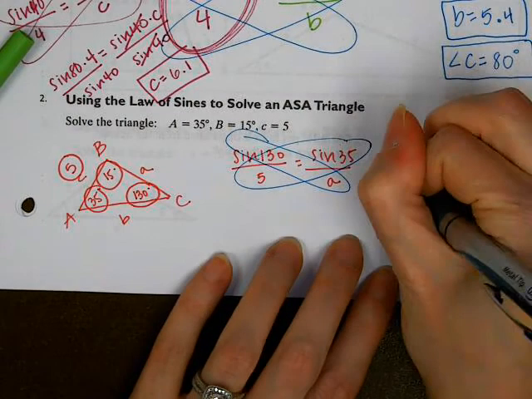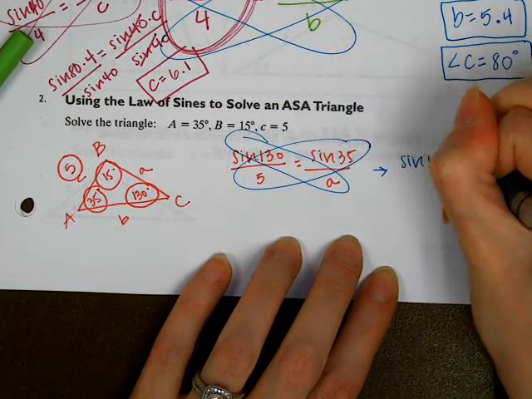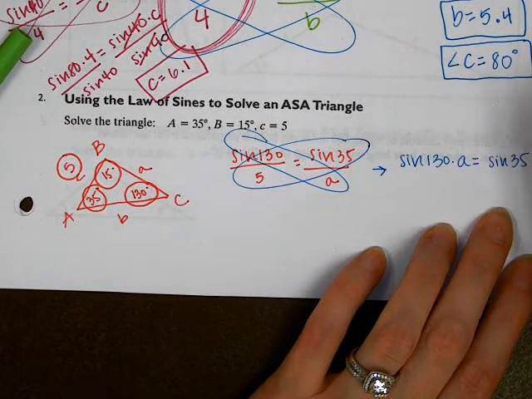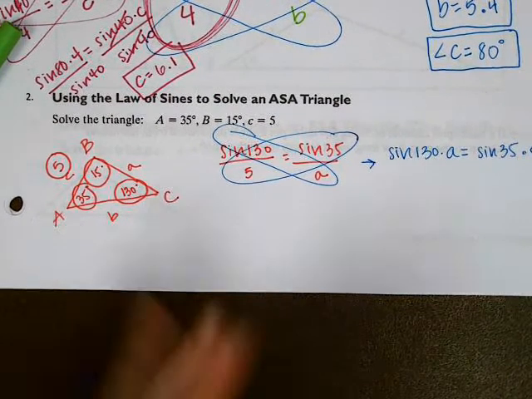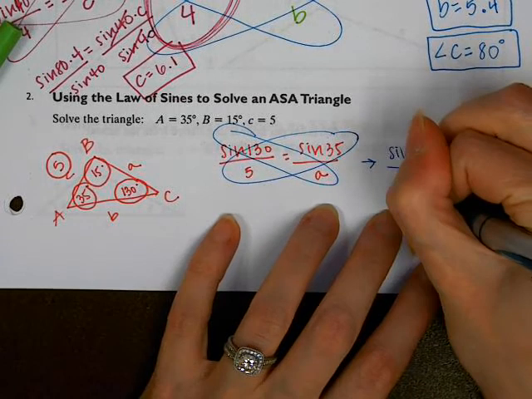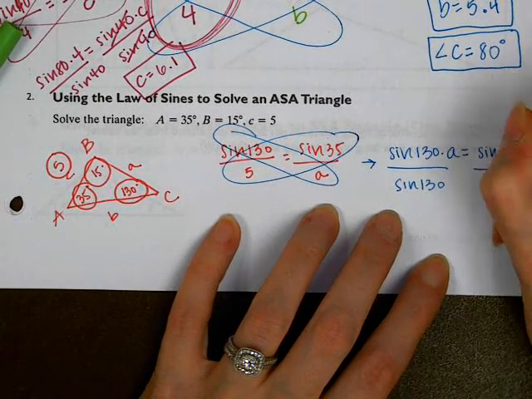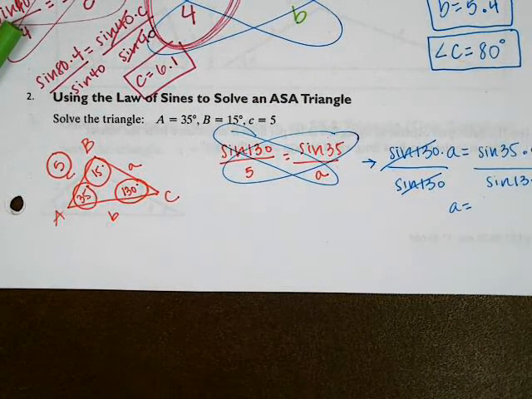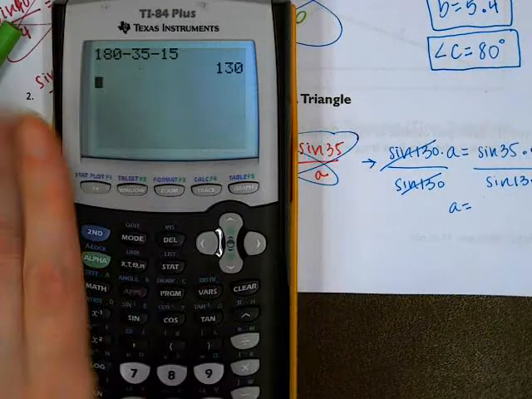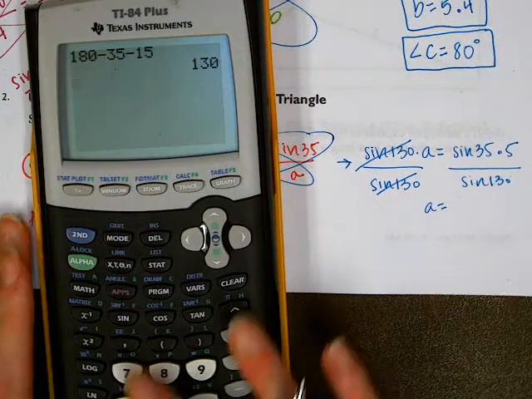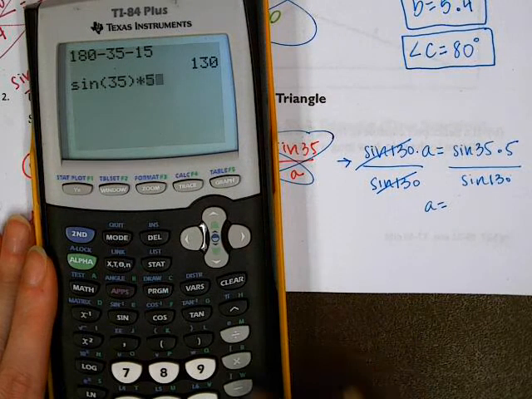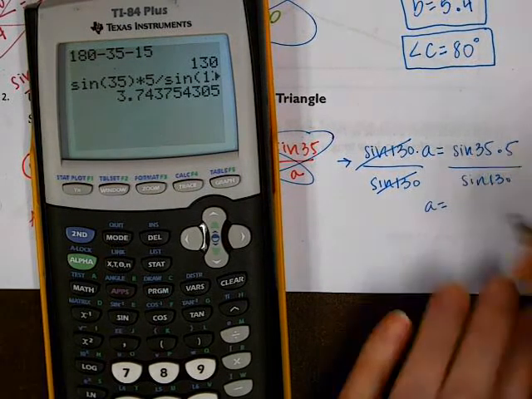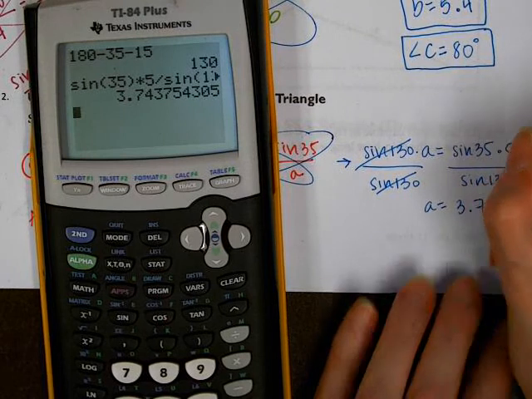And we have sine of 130 times A equals sine of 35 times 5. And then you guys know if you want to solve for A, just divide both sides by sine of 130. So these cancel, and we get A. So A is going to be sine of 35 times 5 divided by sine of 130. Okay, so A is going to be about 3.7.